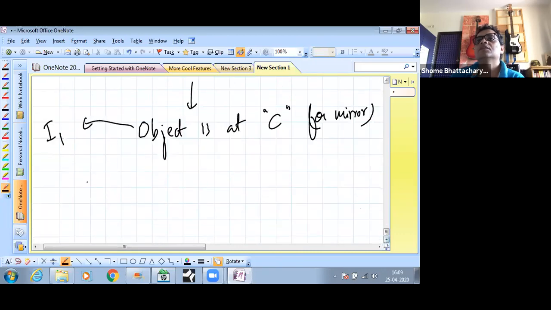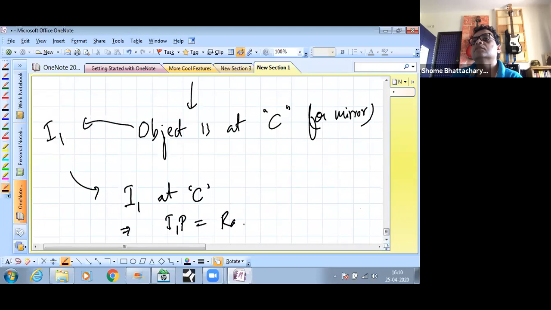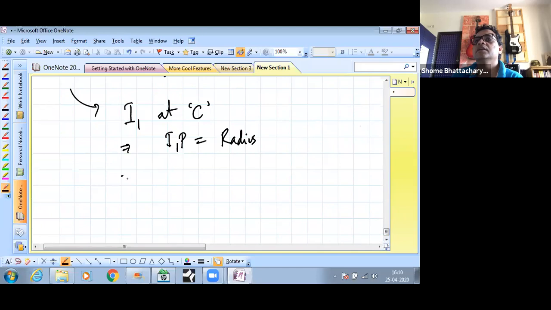Okay. So that means I1 should be at the center of curvature. So that means I1P should be equal to the radius. How much is I1P? It is x prime plus h.